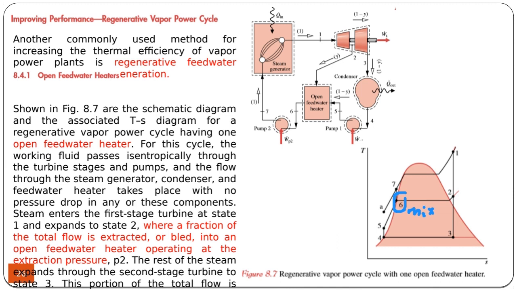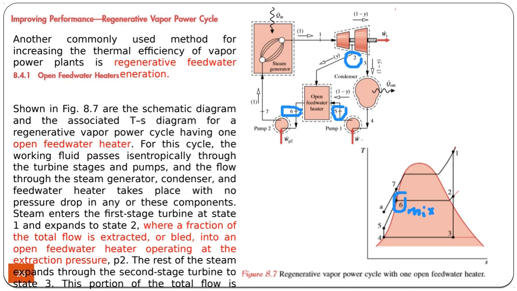Once this steam and this compressed liquid are mixed to obtain 6, it's then pumped to the higher pressure of boiler pressure. So as you can see, it's pumped to the boiler pressure. Then the rest of the cycle is the same.